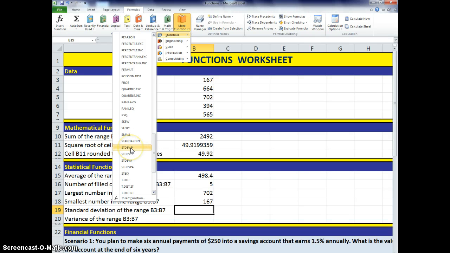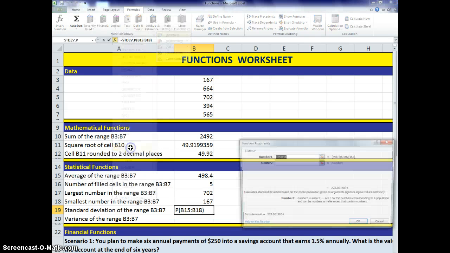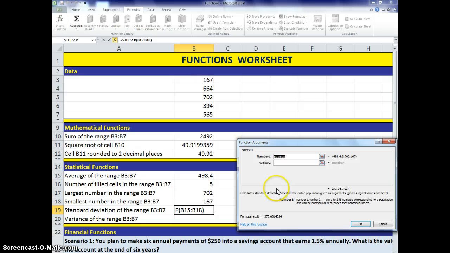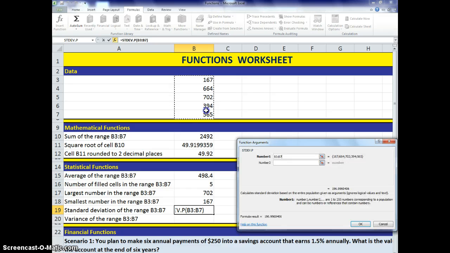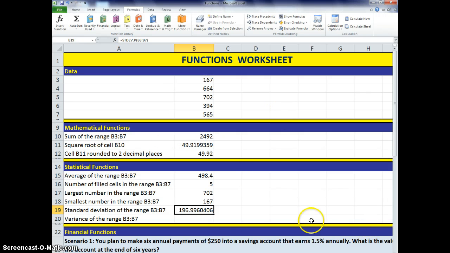Standard deviation is going to be P, because P will give us the range from B3 to B7. Sorry, I said 5. It should be 3. And I'm not wearing my glasses. Click OK. And that's what you should have there. 196.9960406.